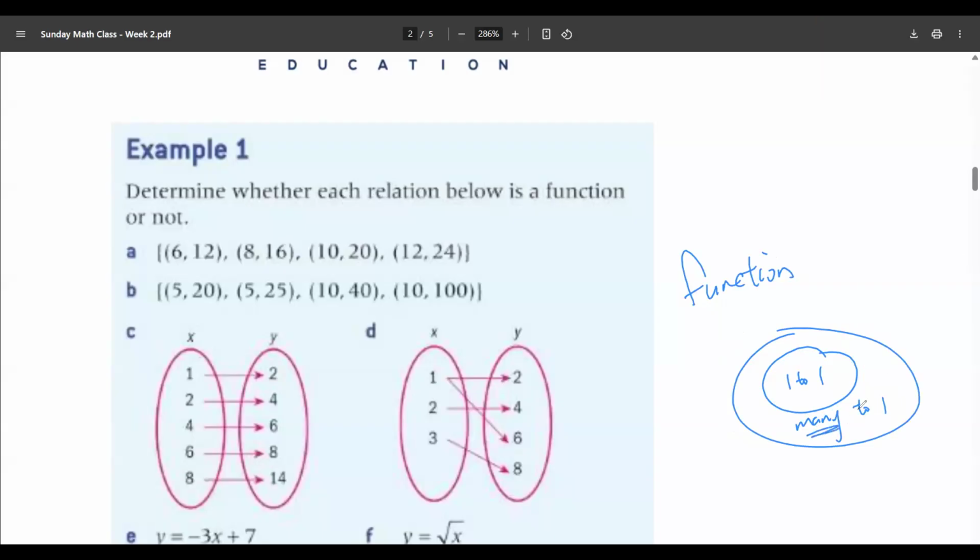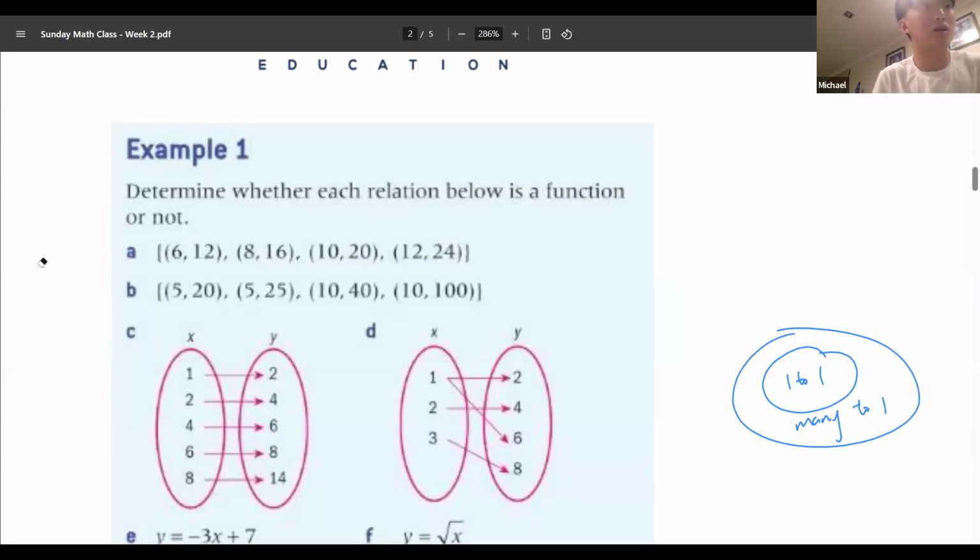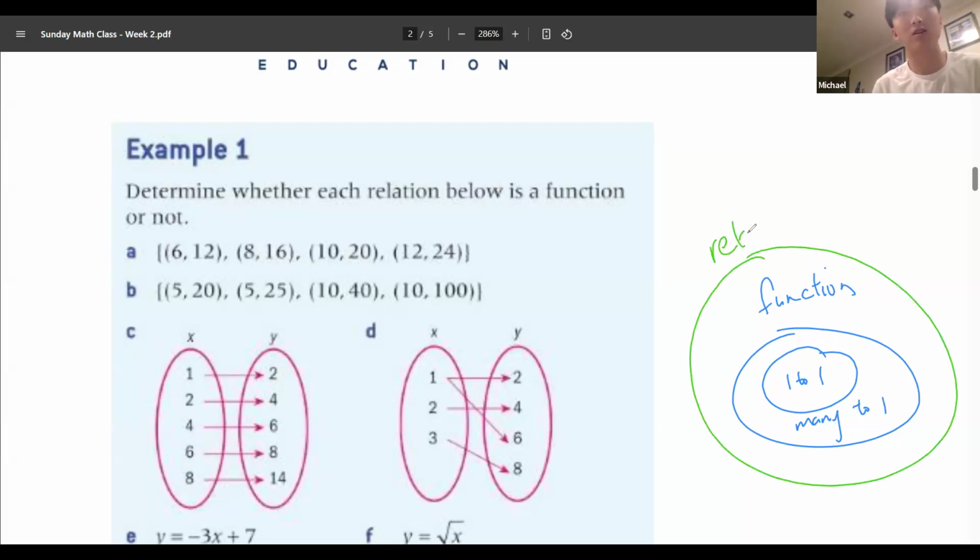Many refers to one or more, right? Oh, yeah. And we call these functions. But there's a bigger circle outside of it. This is called relation.